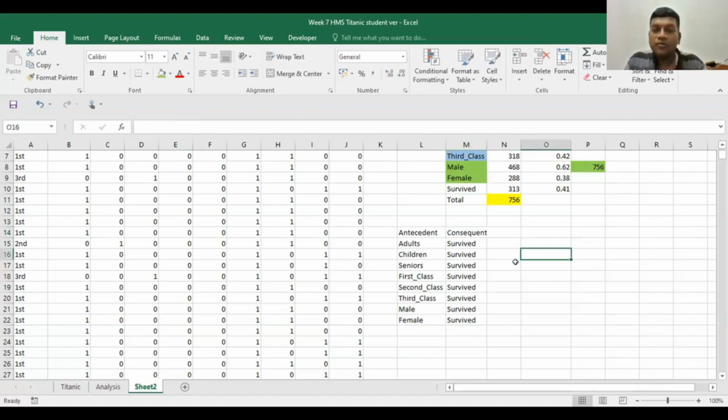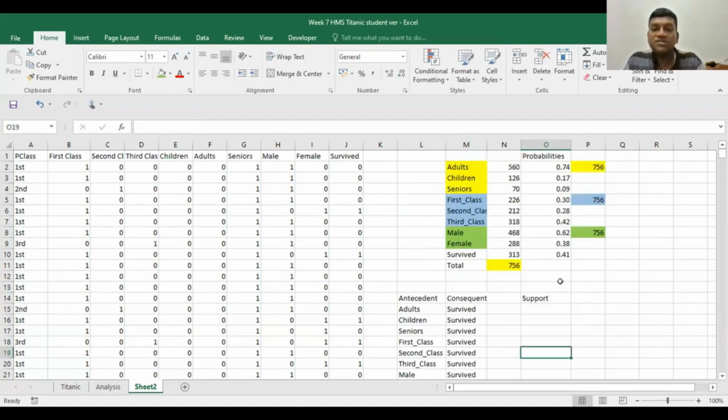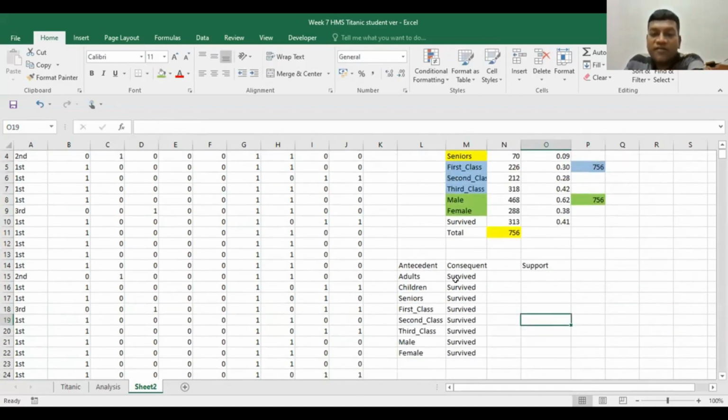Okay, now I'm interested in the joint probability, or what is called support. Support is the number of times adults and survived have occurred together. Okay, let us look for that. So let us find the number of times they have occurred. Let's look for the count.